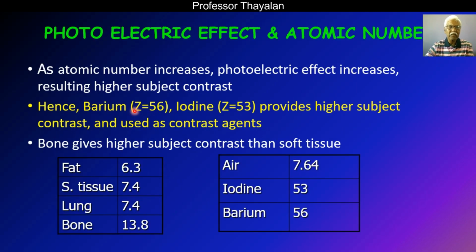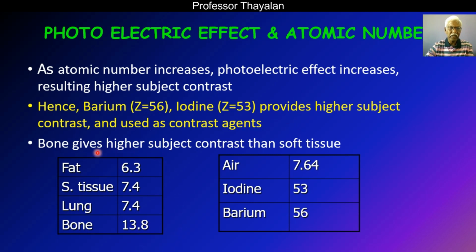Let us see the relationship between photoelectric effect and atomic number. As the atomic number increases, photoelectric effect increases, resulting in higher subject contrast. For example, barium, atomic number 56, and iodine, atomic number 53, provide higher subject contrast and are used as contrast agents.